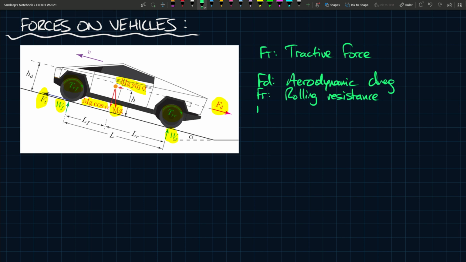And then you have Fg, which is called the grade resistance, and I can probably add here that this is sometimes called F alpha. This has to do with the grade, or the incline, basically. As this incline gets steeper, the component mg sine alpha would obviously increase because alpha would increase, and you would experience some resistance there.